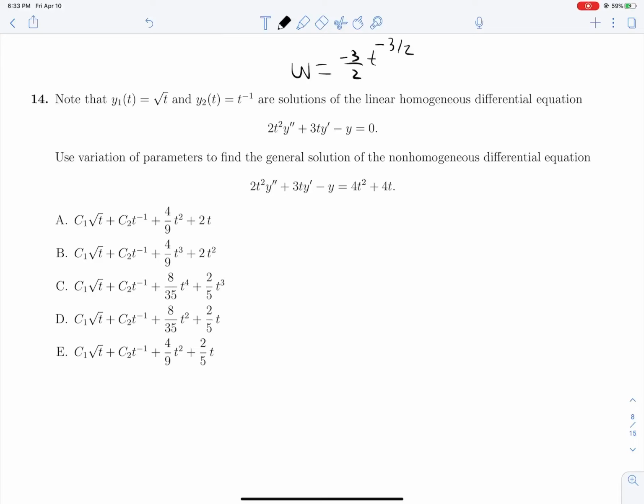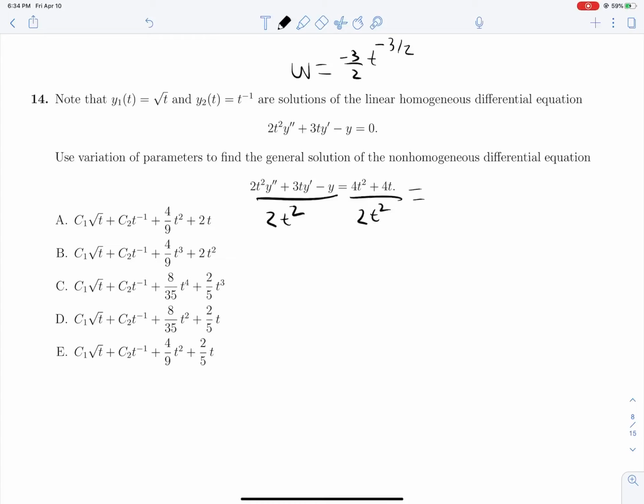Okay, next we need to figure out what function they have added on here to make things non-homogeneous. But be careful, the answer is not just 4t squared plus 4t. We need it in the case where y prime is by itself, and what I mean by that is we have to divide everything by 2t squared.